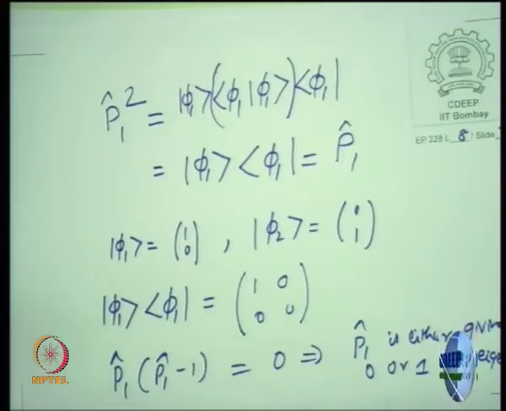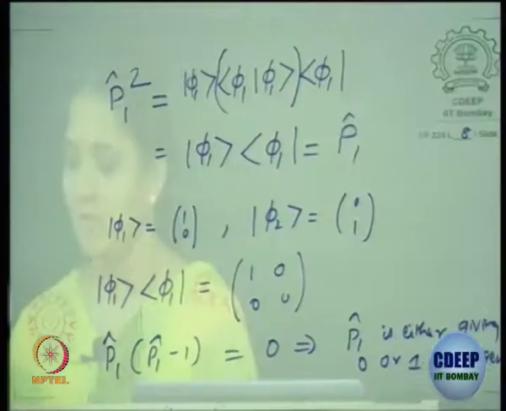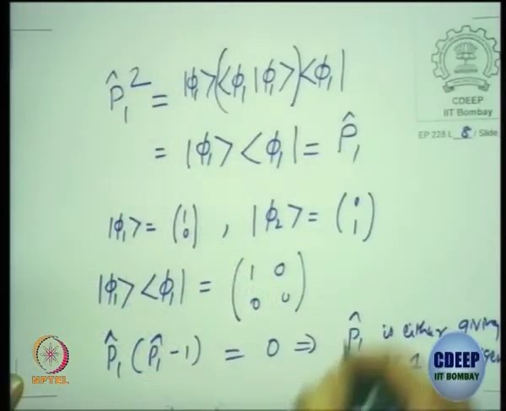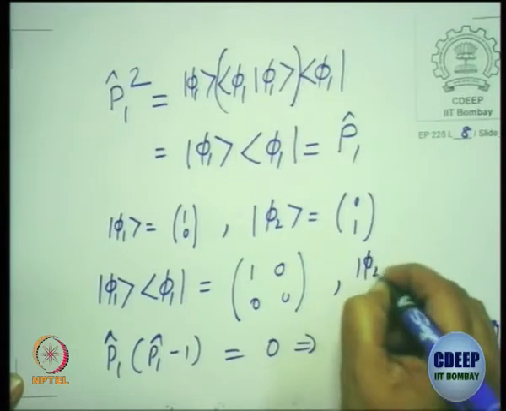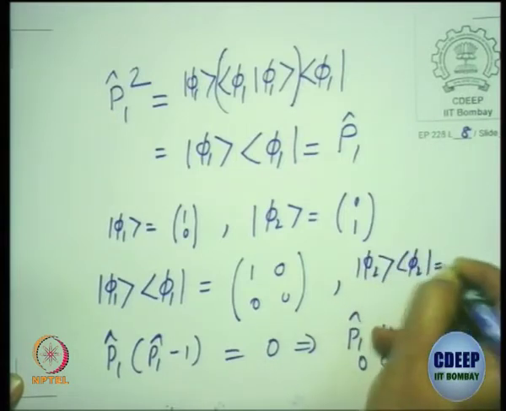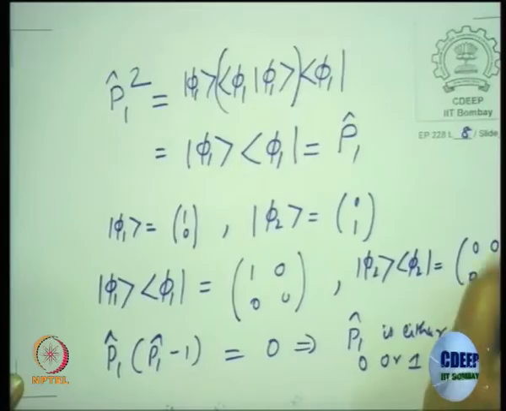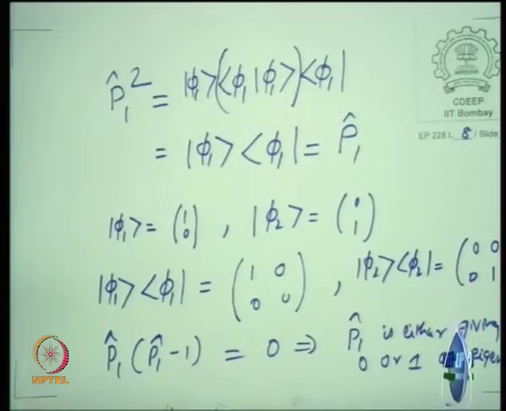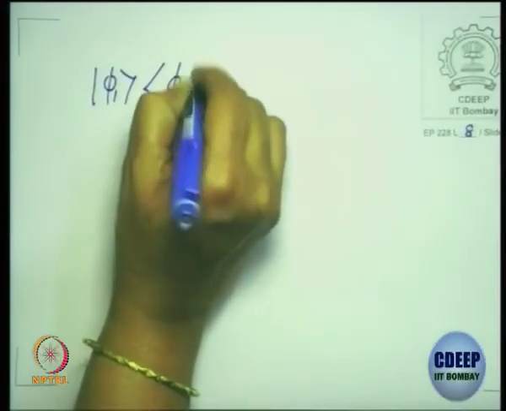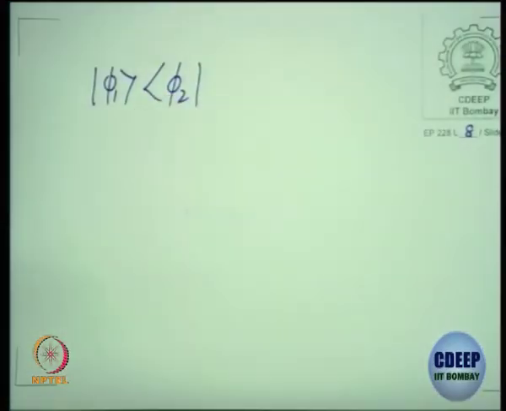Okay. So, that is the beauty of this projection operator, where the outer product phi 1 phi 1 is 1 0 0 0, then the outer product phi 2 phi 2 will be 0 0 0 1. So, what is phi 1 phi 2? Phi 1 phi 2 is not a projection operator, but it is still a 2 by 2 matrix.